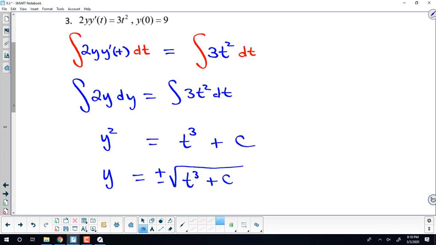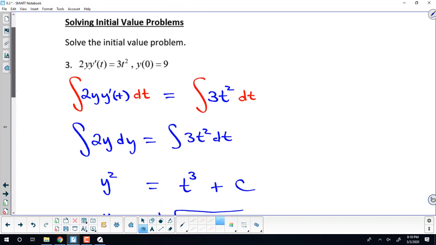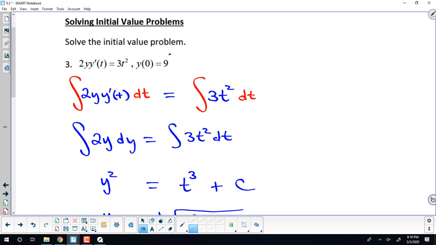Remember, we've got an initial condition which is going to allow us to find c. That initial condition says it's t comma y, our point, so t is 0, y is 9. So the thing that we're looking for at this point is a positive y value. We don't need the plus minus square root.